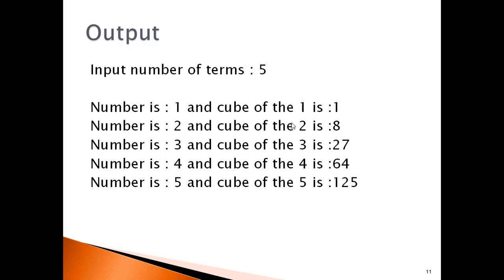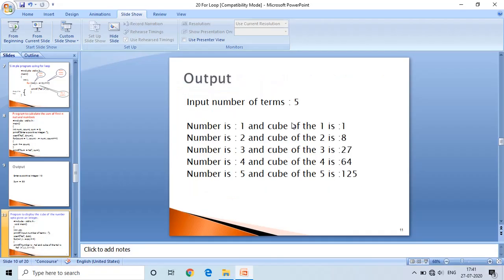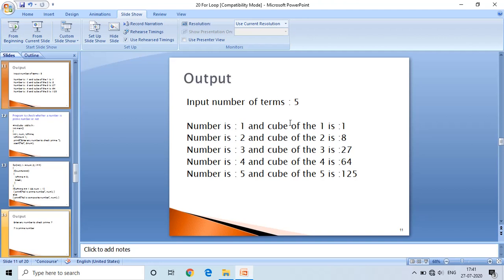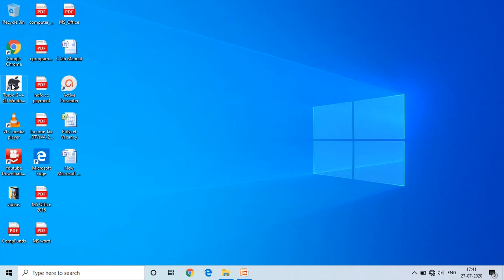Number is 2 and cube of the 2 is 8. 3, 27. Cube of the 4, 64. Cube of the 5, 125. This is the expected output. We will see the output. You will execute this program in the compiler.